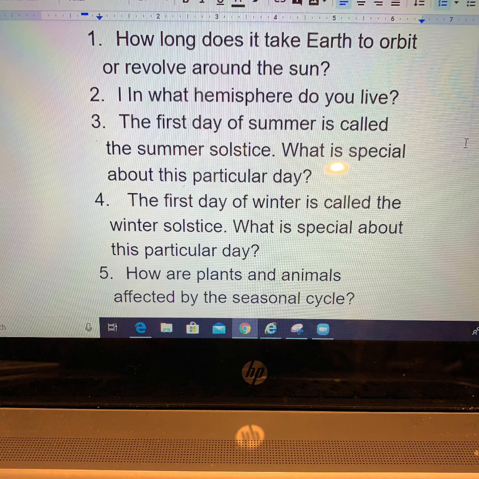Number 3, the first day of summer is called the summer solstice. What is special about this particular day? Number 4, the first day of winter is called the winter solstice. What is special about this particular day? And number 5, how are plants and animals affected by the seasonal cycle?